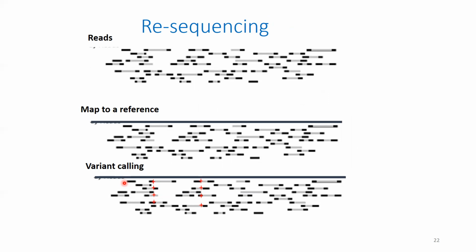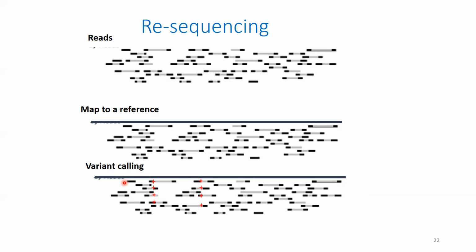When we do resequencing, we align or we map our reads to a genome of reference. And then we identify what is different with respect to that reference genome. Using this approach, it's usually easier to find the right place for each read.